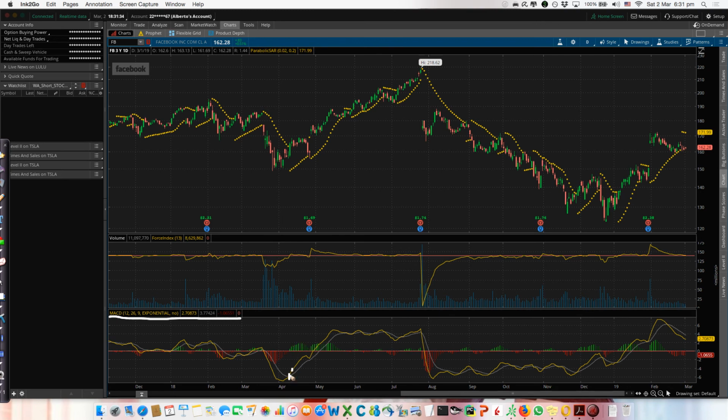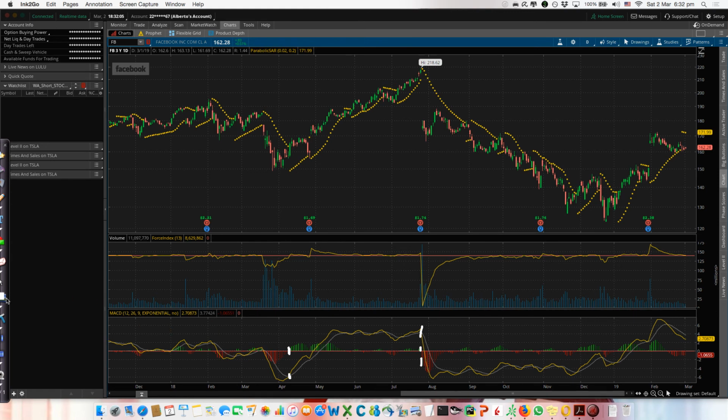Okay, so if you see here, the yellow line is going above the gray one, and also the histogram is going from red to green. And the same happens when, for example, the yellow is going below, then the green is going to red. So basically the histogram and these lines are showing a similar thing, but I prefer the histogram.